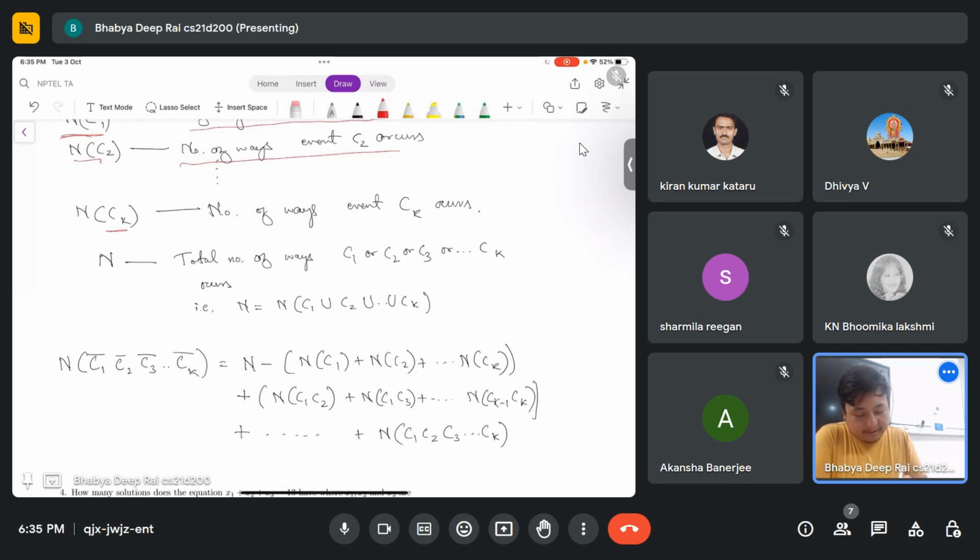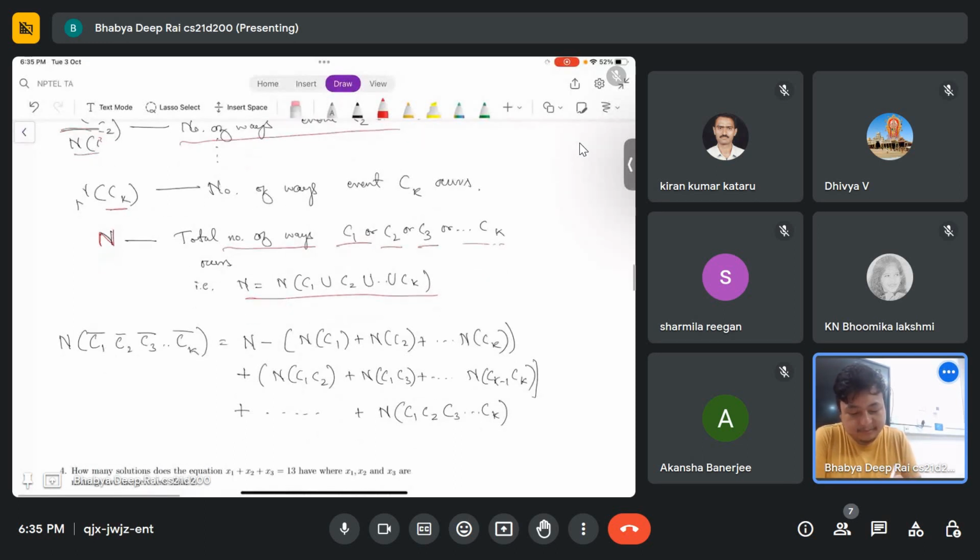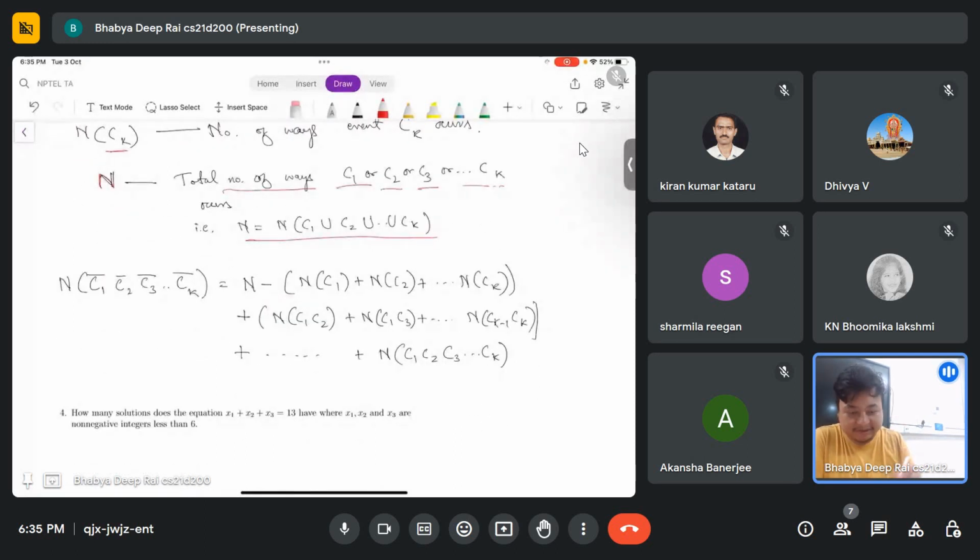So what is n? Just n is the total number of ways C1 occurs or C2 occurs or C3 occurs, and so on. In other words, it is just the union of all the sets which represent the conditions. Now, this is done in the lectures also.